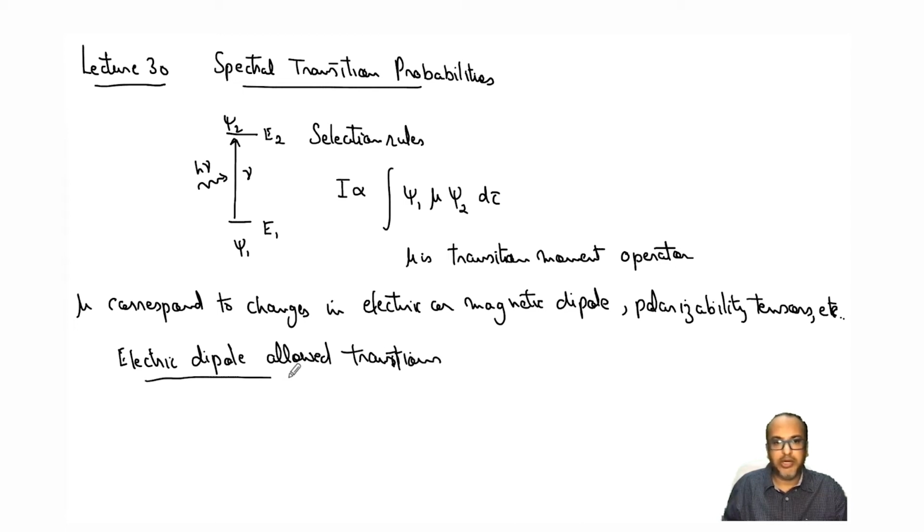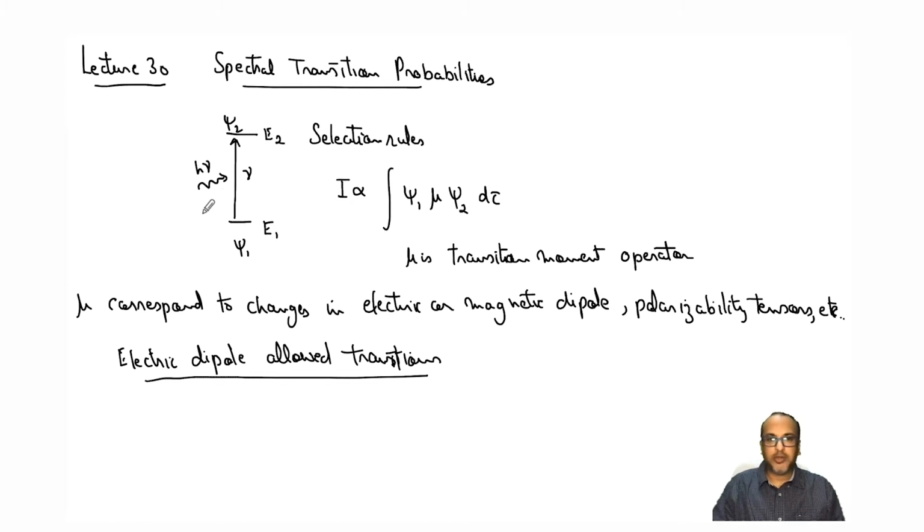What is the meaning of this? That means the charge distribution in the ground state and excited state differ in a manner similar to an electric dipole.